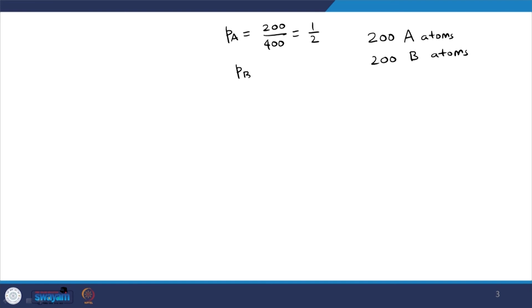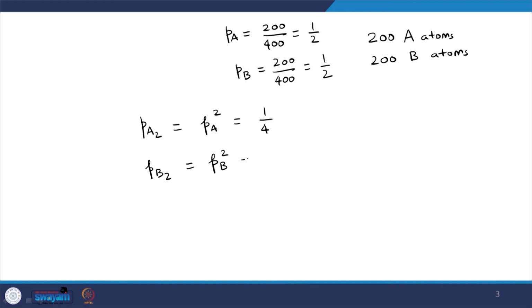My Pb is going to be 200 by 400, that is equal to 1 by 2. My Pa2 will be like Pa square, that is equal to 1 by 4. My Pb2 will be equal to Pb square, that is equal to 1 by 4, and my Pab is equal to Pa Pb, that is equal to 1 by 4.